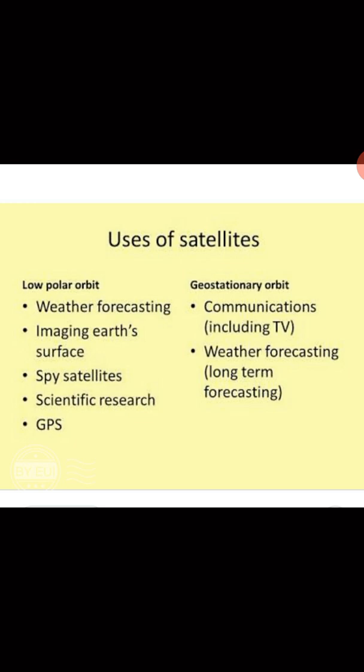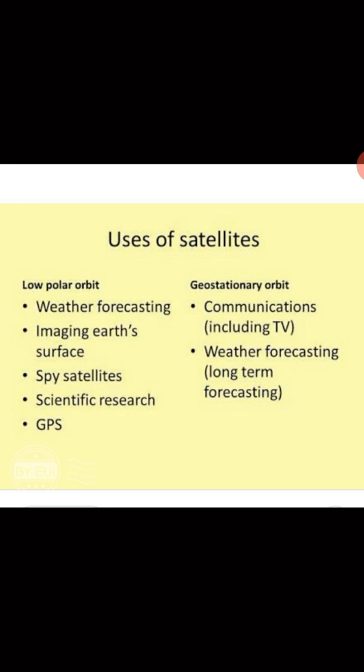And the other use of polar satellites is for the global positioning system. Since they are placed closer to the earth near the poles, they can give you the exact position and timings of a person, and then they can be tracked using GPS, that is global positioning system.